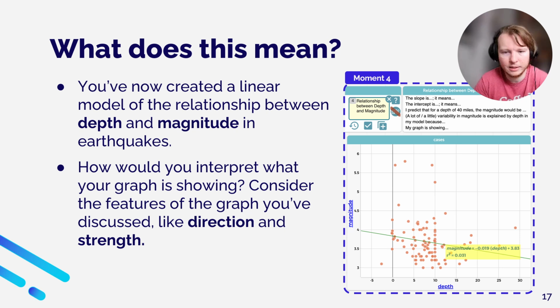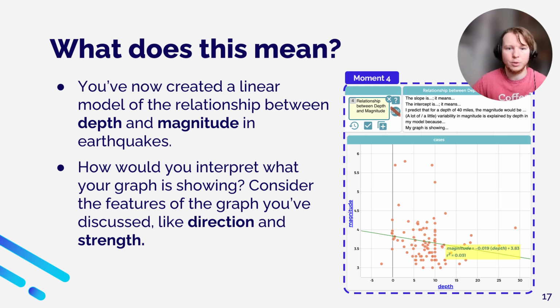As I keep moving, we want students to think about interpreting this graph overall. This is sort of an amalgamation slide. Students have done a lot of different work on this, right? They've found a line of best fit, they've looked at the direction, form, strength of that, they've looked at the r-squared value, they've interpreted the coefficients.